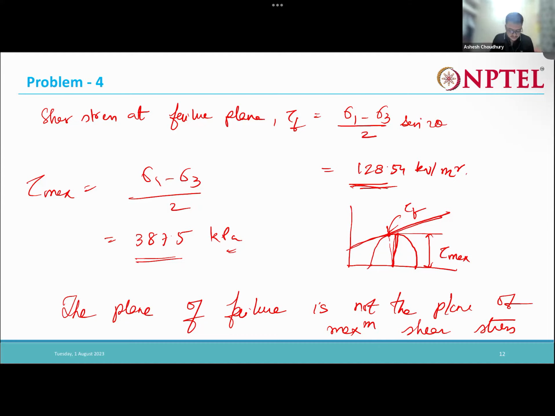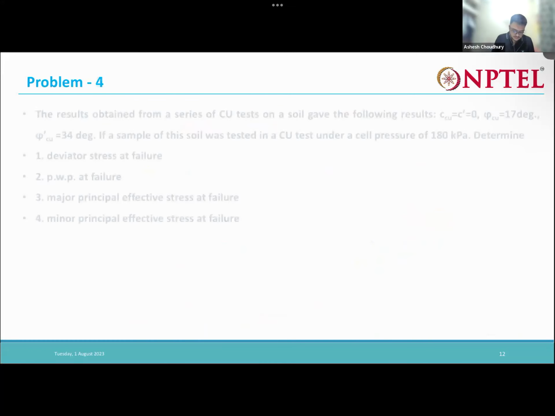So failure does not occur at the plane of maximum shear stress. It occurs at a point where the shear stress and the normal stress have some critical combination.